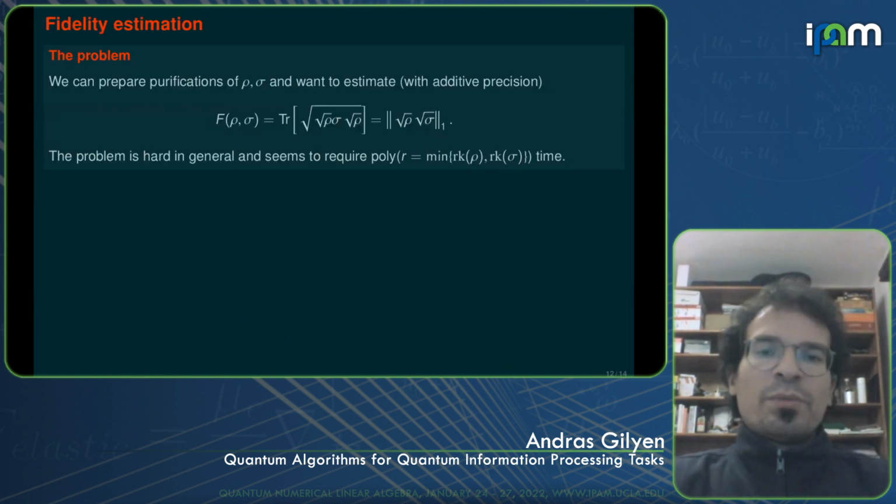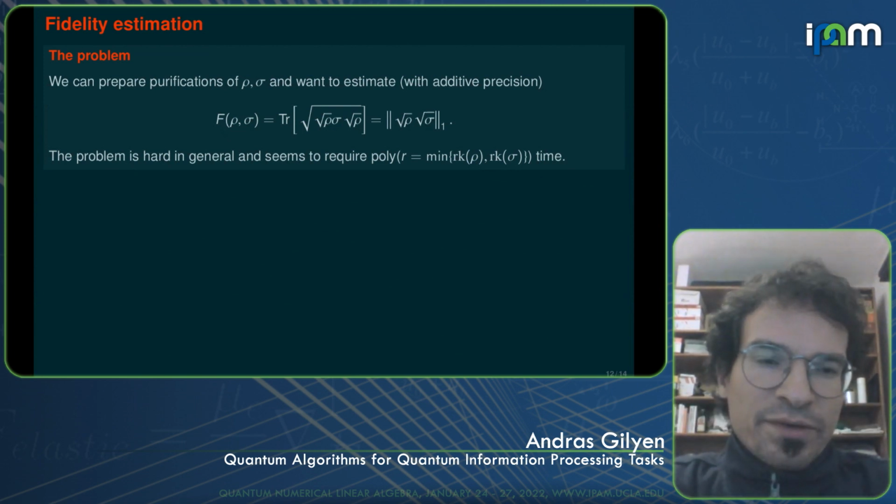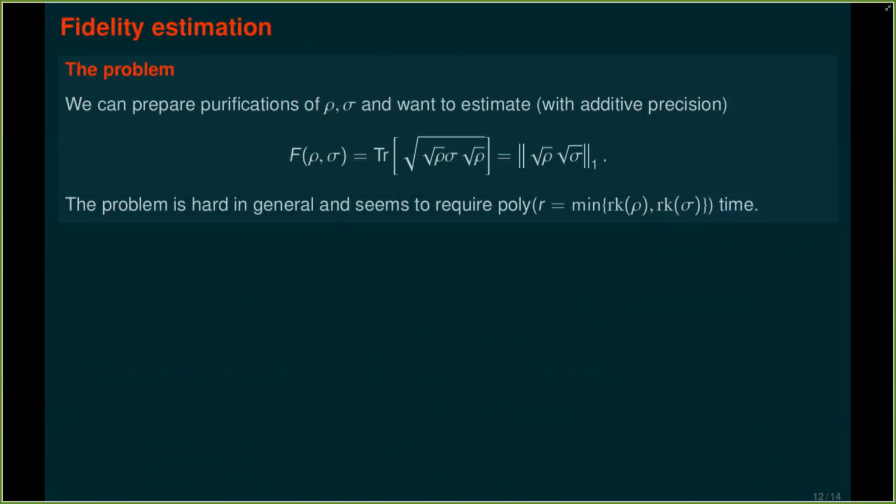Okay, another problem where you can apply this philosophy is, for example, fidelity estimation. Here the problem is that suppose we can prepare purifications of rho and sigma, and we want to estimate with, say, additive precision epsilon, the fidelity of these two quantum states, which is defined in the usual way.